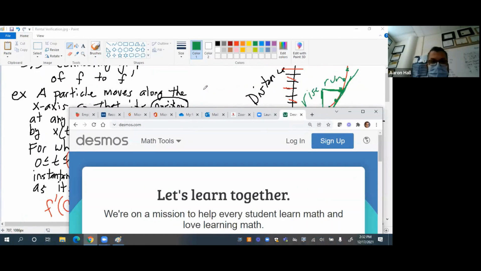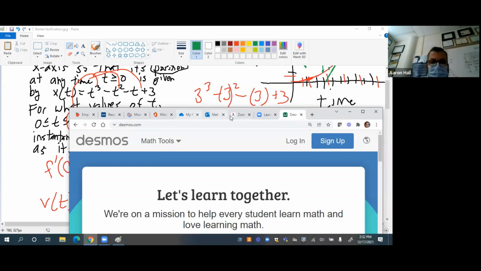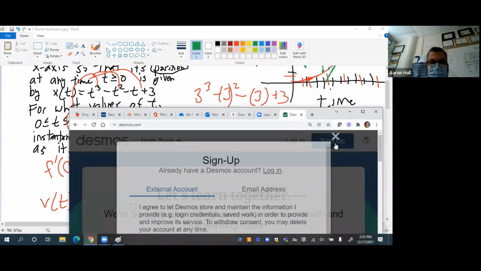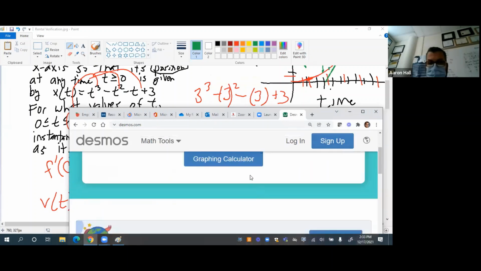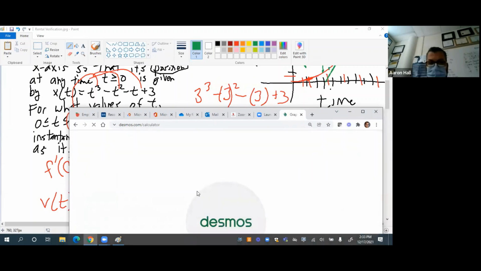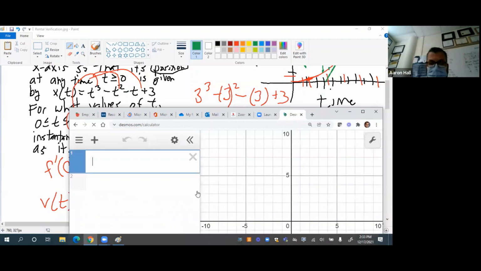Okay, my original equation was, I'm just going to use x's. Y equals x cubed minus x squared minus x plus 3.